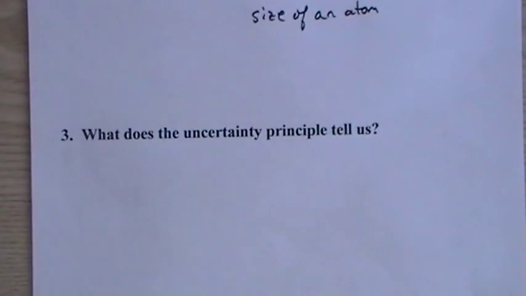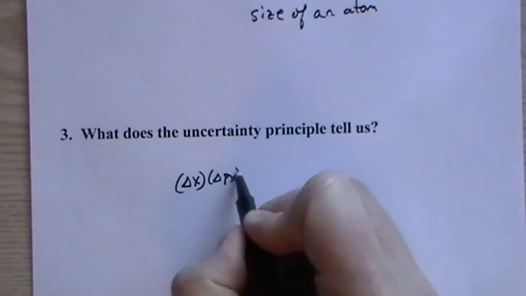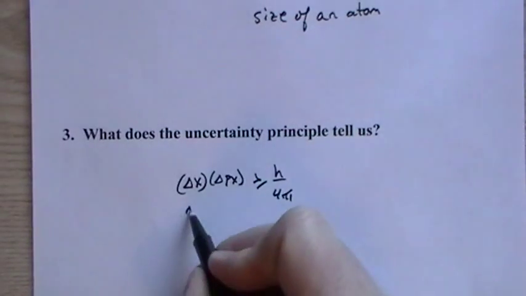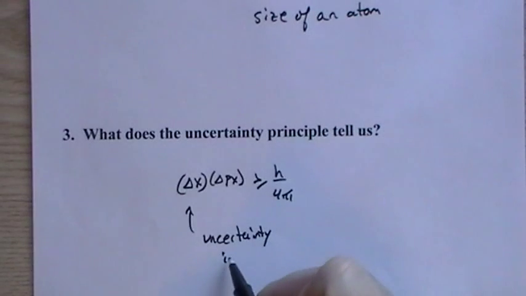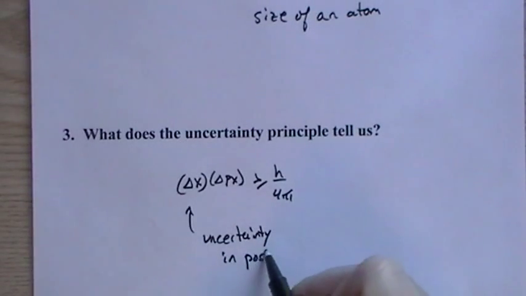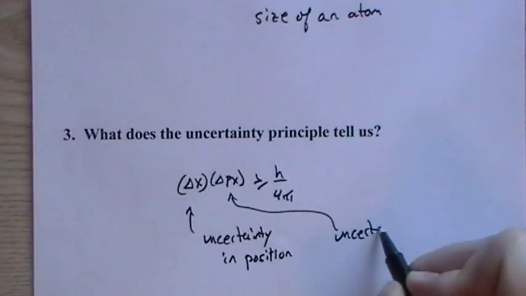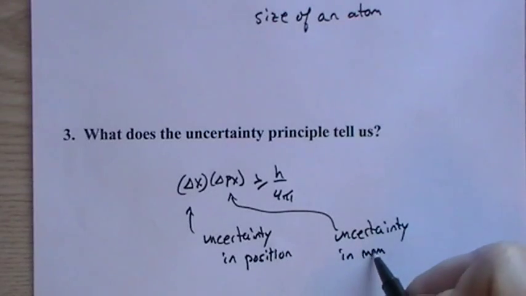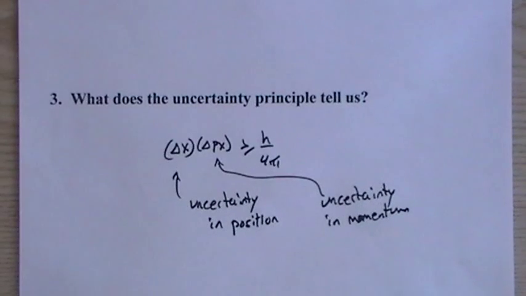Now, what does the uncertainty principle tell us? Well, we have it here. It states that we have the uncertainty in position and the uncertainty in momentum, and that there's always this uncertainty.